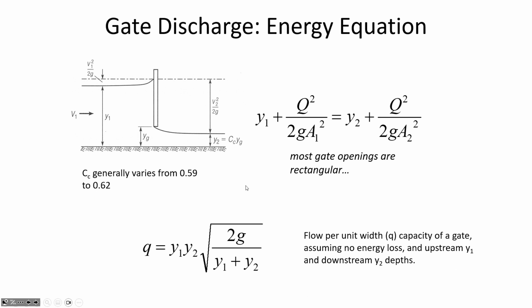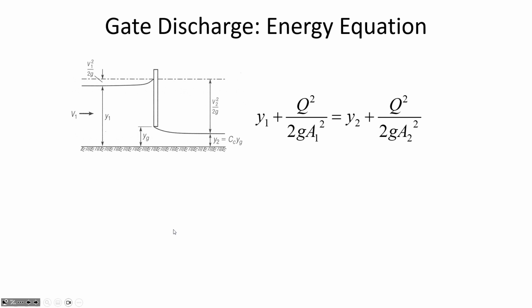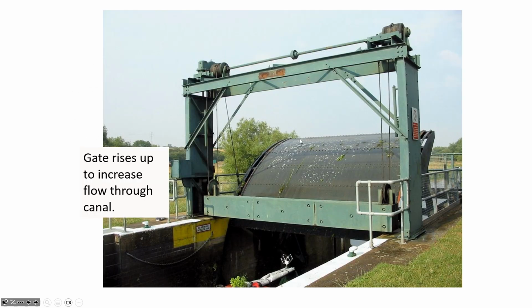If we have a rectangular channel, then we can calculate the flow per unit width for a gate. And this is useful because it's pretty common to have a rectangular channel where the water comes towards a gate. That was the case here in this situation.